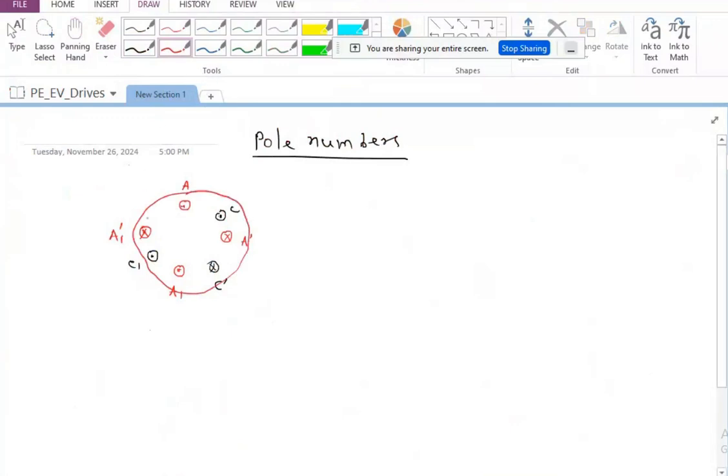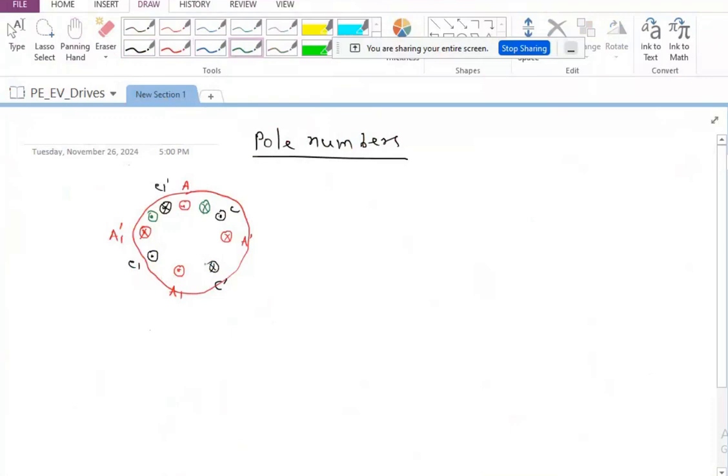So I'm going to have on this side, if I draw B here, this is going to be B, and so this is going to be C1 dash. So I should have one more B, which is actually the return path somewhere here.